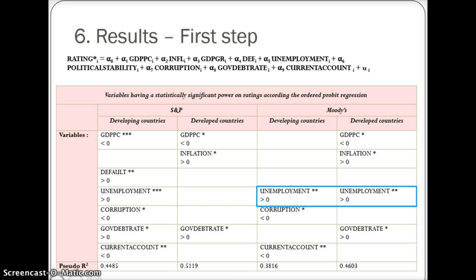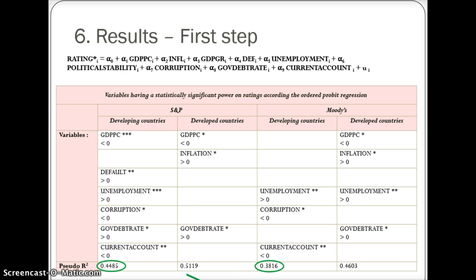In total, for S&P, 6 variables were significant for developing countries and 3 variables for developed countries. In total, for Moody's, 3 variables were significant for developing countries and 4 variables were significant for developed countries.